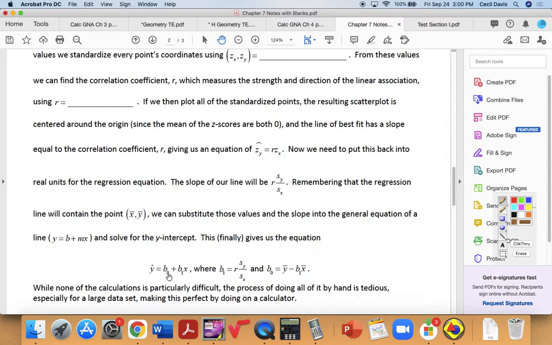Y hat is equal to b sub 0 plus b sub 1 times x, where b sub 1, the slope, is r times the standard deviation in y over the standard deviation in x, and b sub 0 is equal to the mean of y minus the slope times the mean in x.